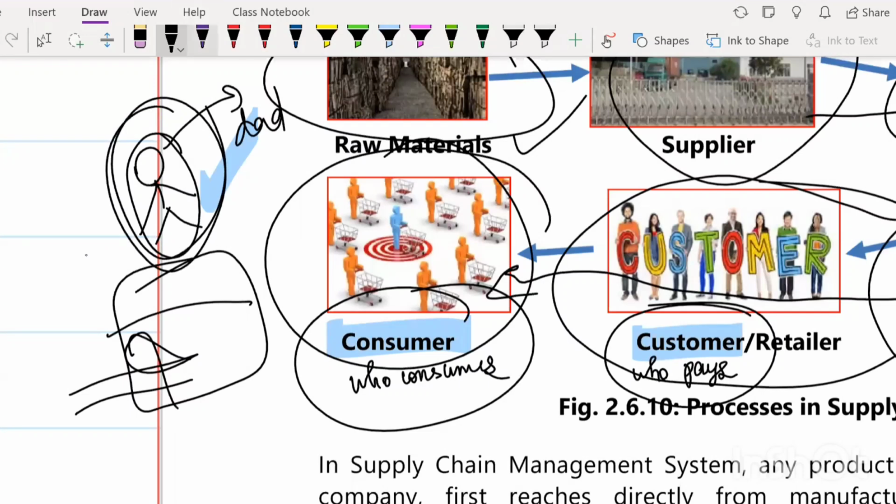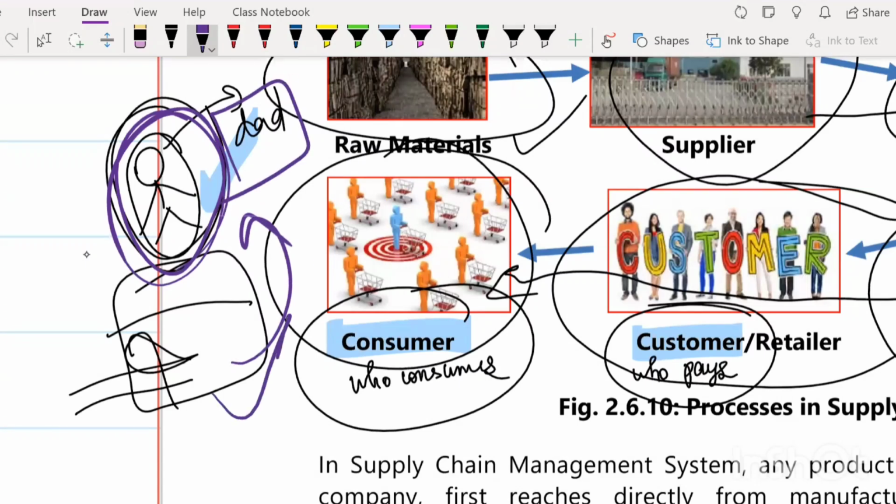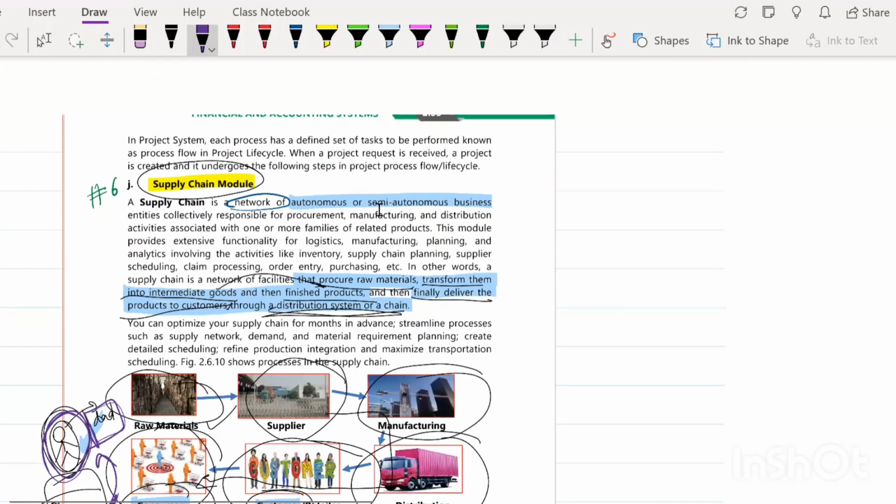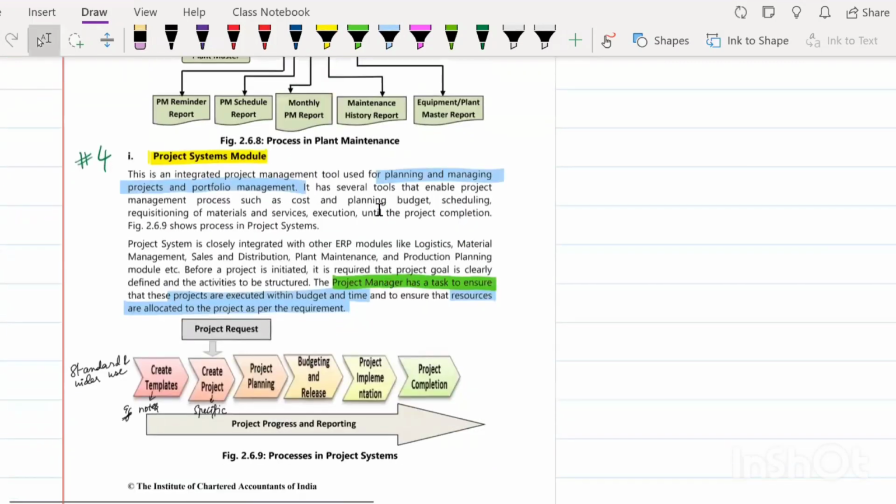The consumer of the ice cream is the child who asked for it. But who is going to purchase it and give it to the child? Your dad is the customer for the ice cream shopkeeper. So this is the difference: the customer is the person who buys or pays for the product, and the consumer is the person who consumes it. So this is your supply chain module.